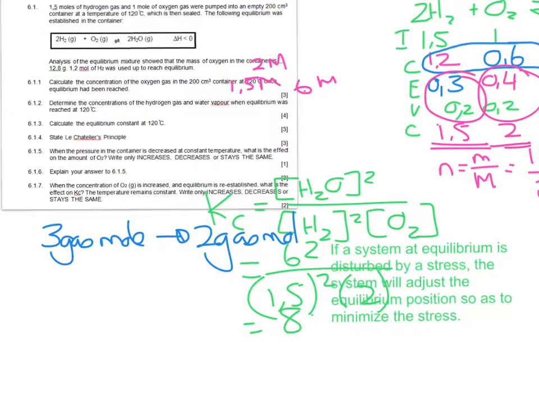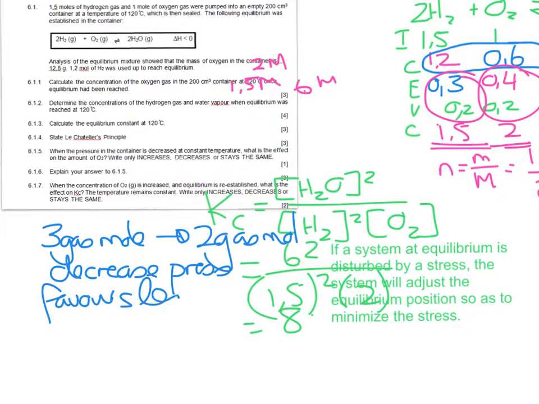So when I decrease pressure, it favors less gas moles, which is reverse. So therefore, what will the effect be on the amount of O2?